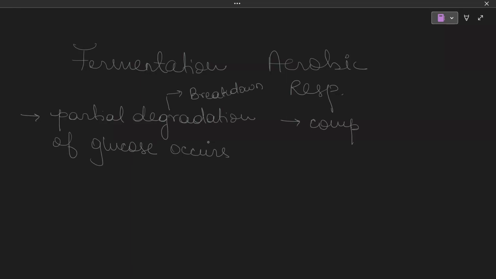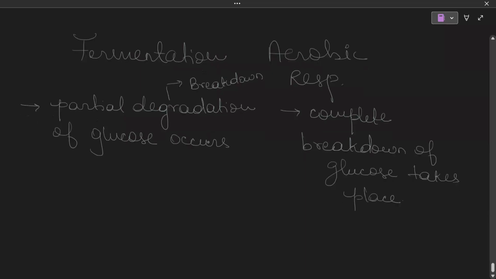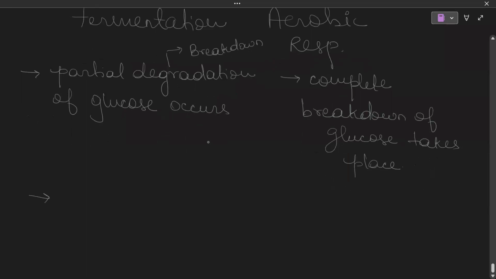I'm also writing complete breakdown of glucose takes place. Here complete breakdown, there partial breakdown. Another thing: in the case of fermentation, the net gain of ATP is equal to 2 molecules.